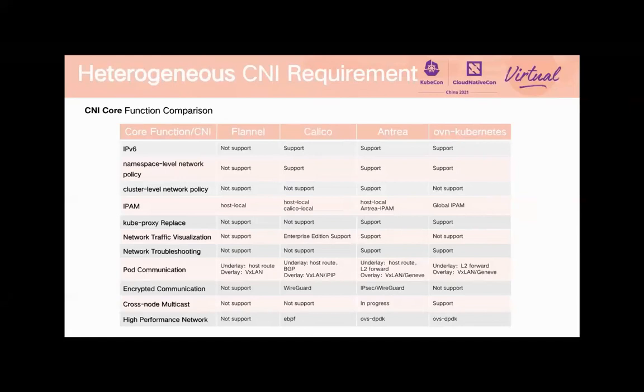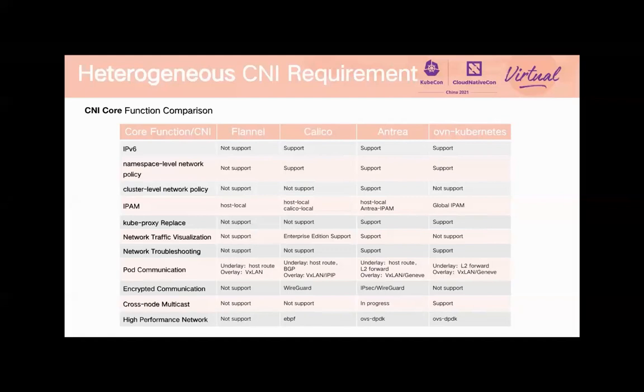With the development of business, simple network communication cannot meet the needs of customers. So we need a new CNI to provide more features. We have compared several CNIs, and you can see the differences between them. We have listed some core features, focusing on flexible security policies, network visualization, security encrypted transmission, troubleshooting, and uptime.